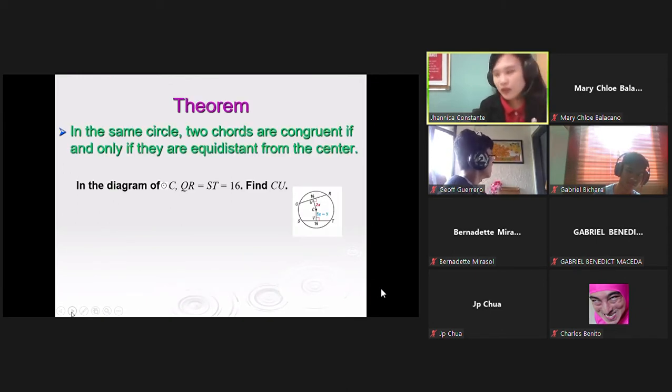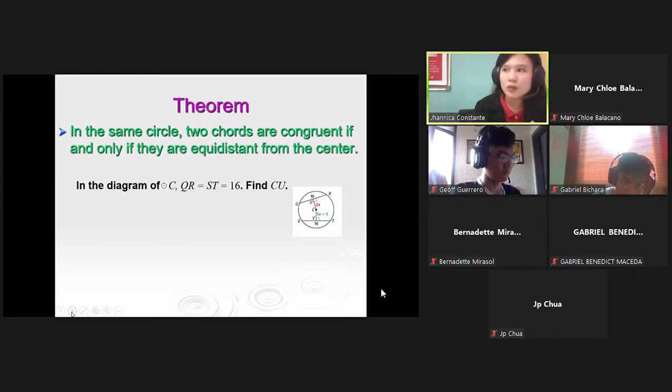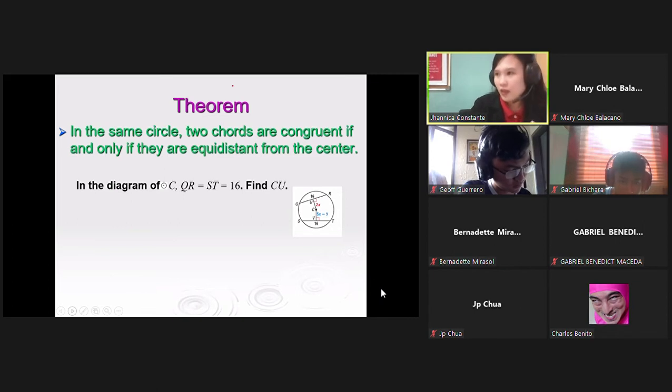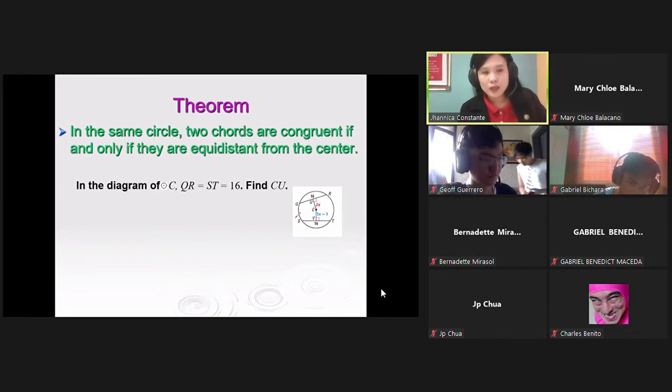The third theorem that we have for our congruent circle is: in the same circle, two chords are congruent if and only if they are equidistant from the center. So as you can see here in the circle, circle C has two chords, which are chord QR and chord ST. They will only be equal if they are equidistant from the center of the circle.